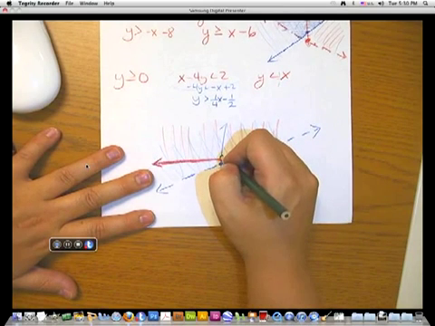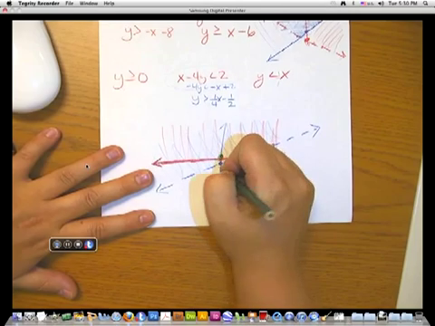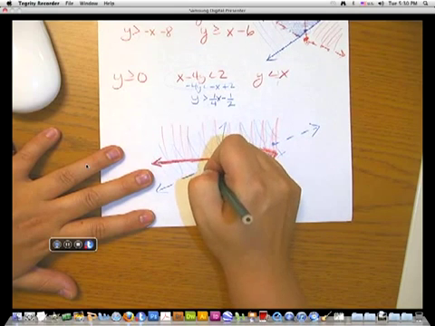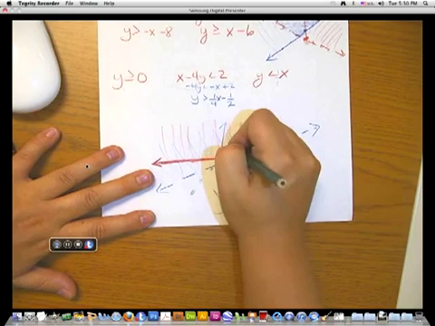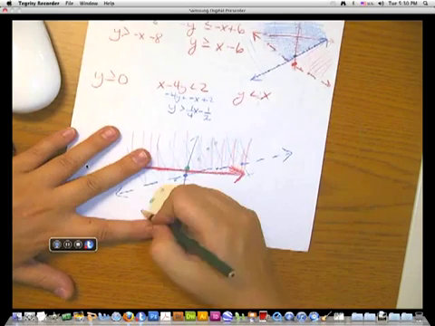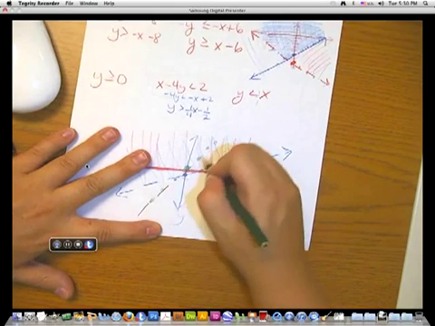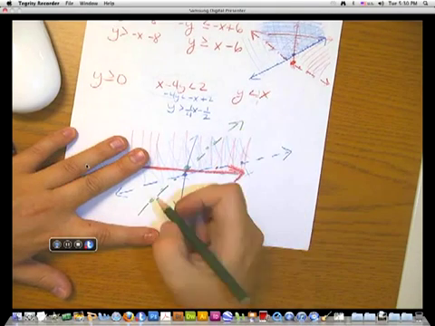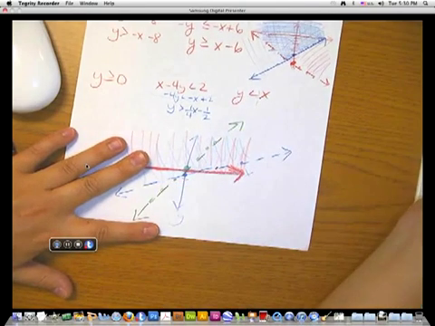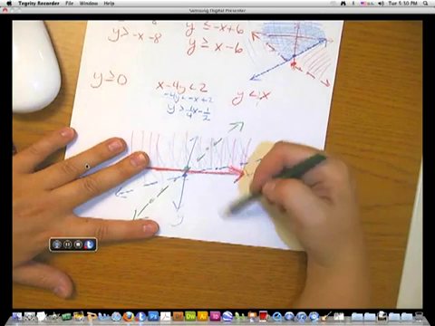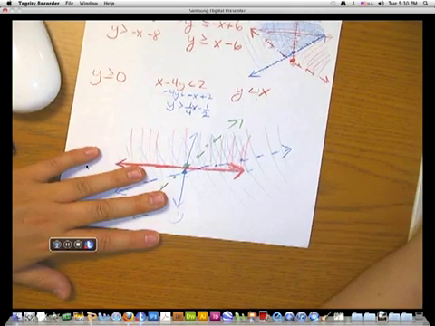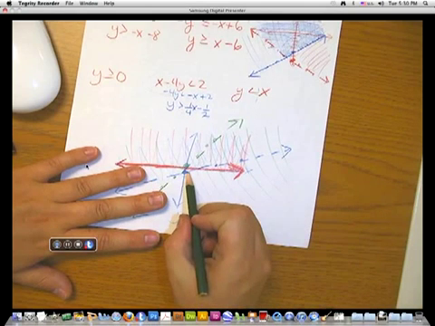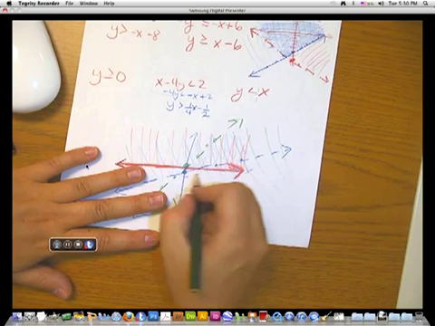So I'm going to go down 1 to the right and up. So it's going to look something like this. It is going to be dashed. And then it's going to be below. Now I need to be very careful here because under the x-axis is not included.